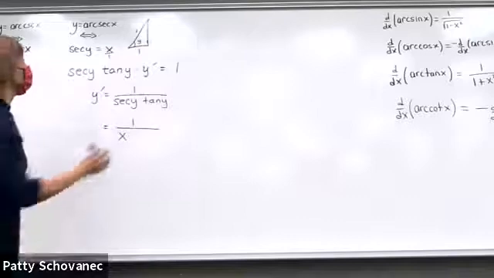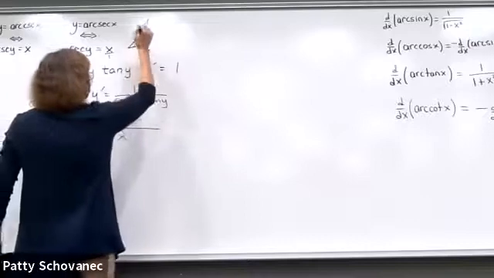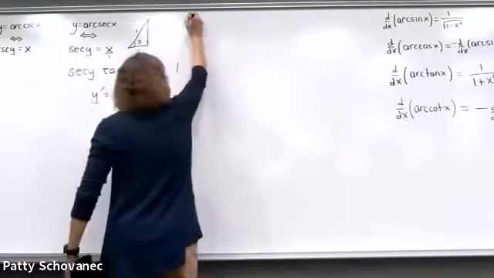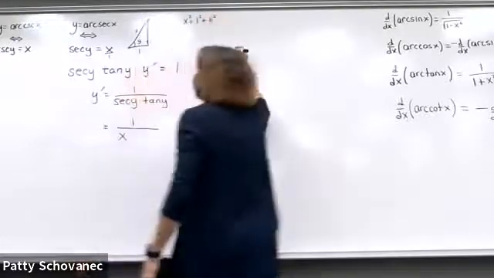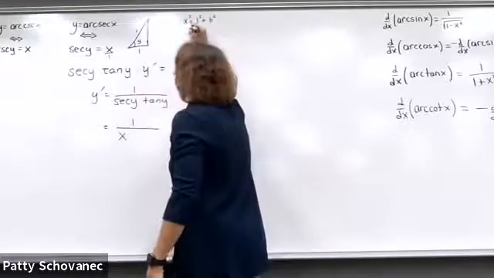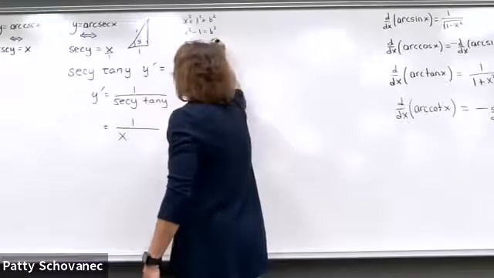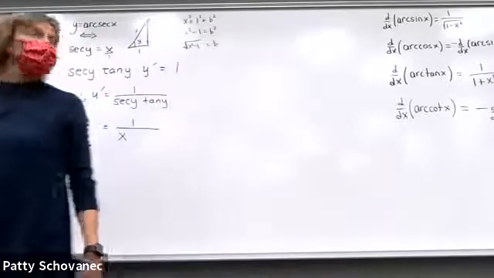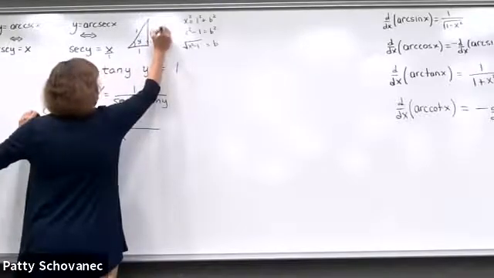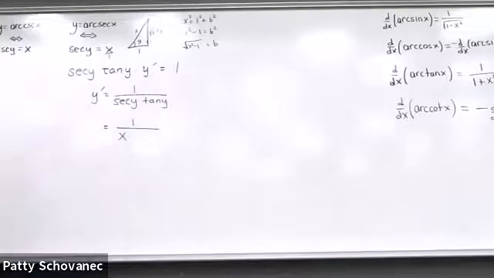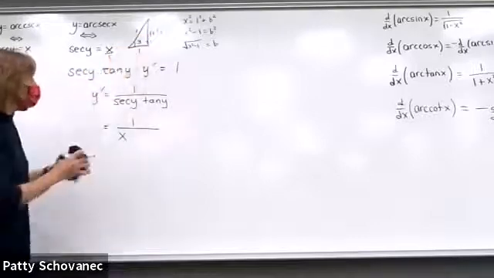And then just like before, hypotenuse squared is equal to leg squared plus the other leg squared. So if I'm solving for b, that leg over there is the square root of x squared minus 1. And so the tangent of that angle is opposite over adjacent, which just reduces to the square root of x squared minus 1.